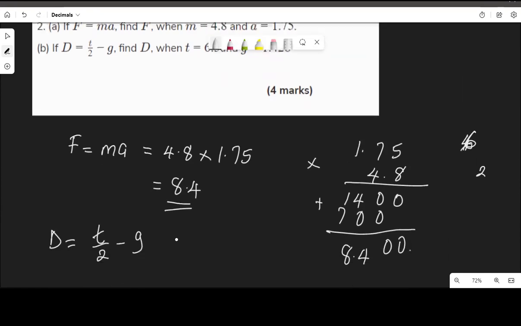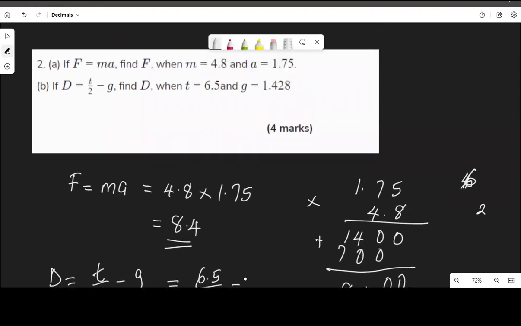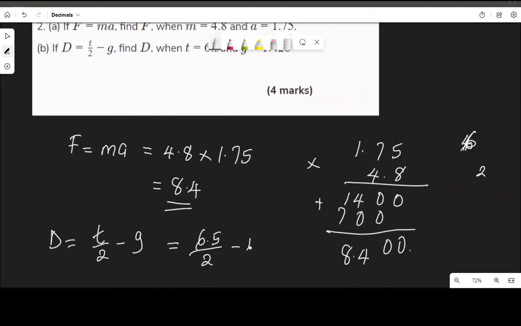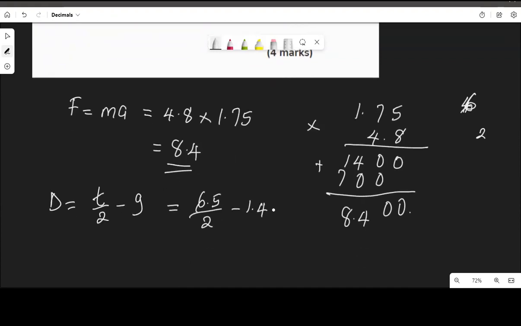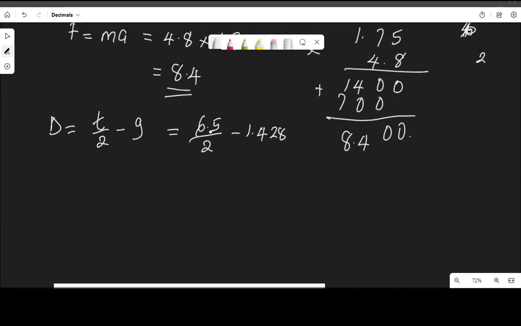The marker is blocking it, 6.5. That will be 6.5 divided by 2 minus 1.428. Okay, first of all, let's divide this number by 2. It's much easier to do that.